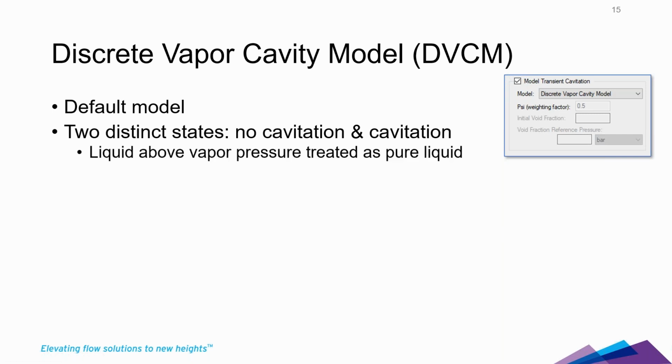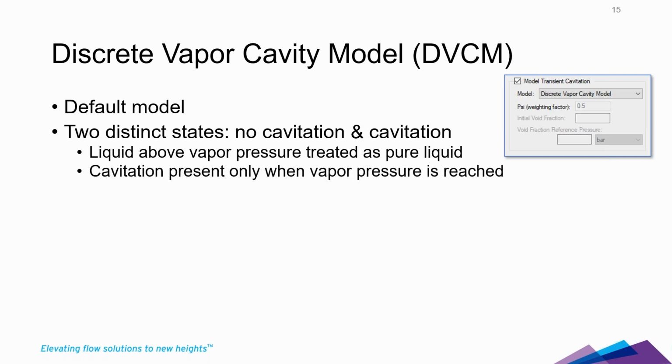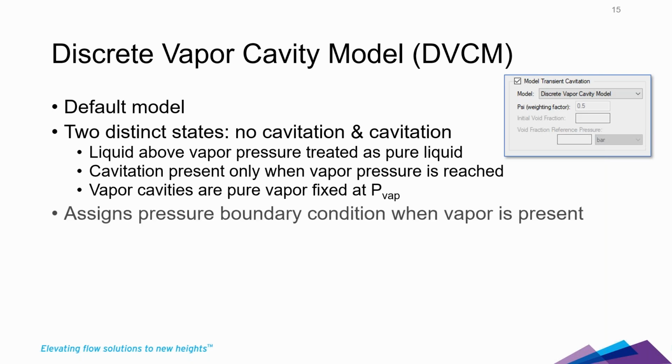When your liquid is above vapor pressure, it's full liquid. Cavitation only happens when vapor pressure is reached. Once vapor pressure is reached, we assign that station at vapor pressure. That means the station is now a boundary condition.